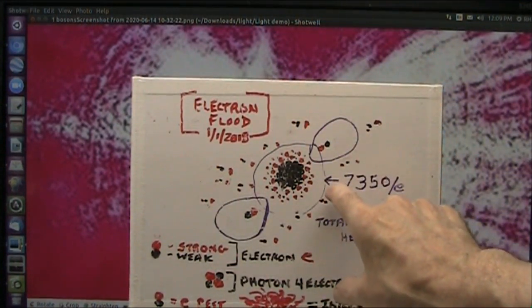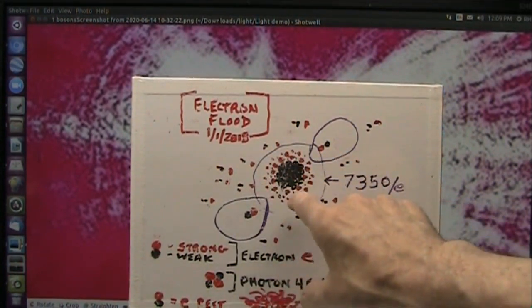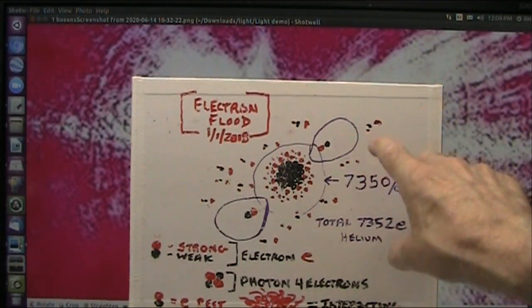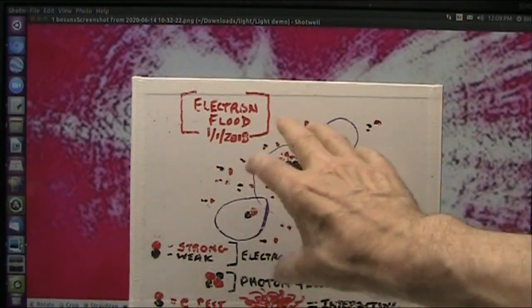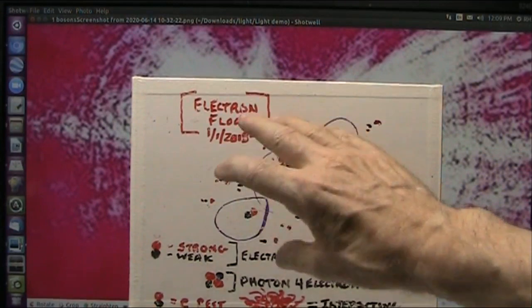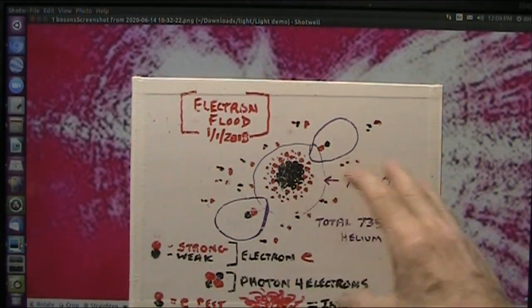Helium, in a base form of helium, is 7,350 electrons in this core. That's 2 hydrogens and 2 protons, 2 neutrons. And then it only has enough value to hold on to 2 other electrons that are surrounding it. It influences 2 electron entities. Let's go with that.